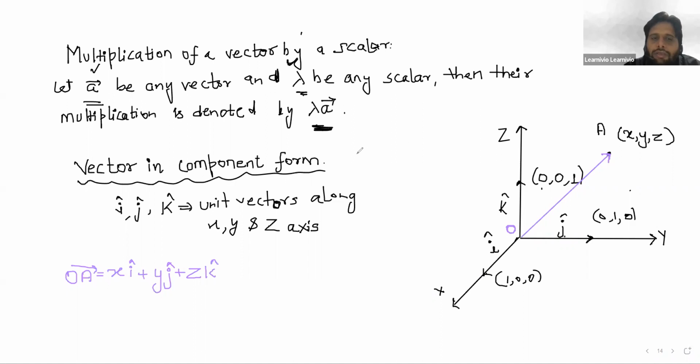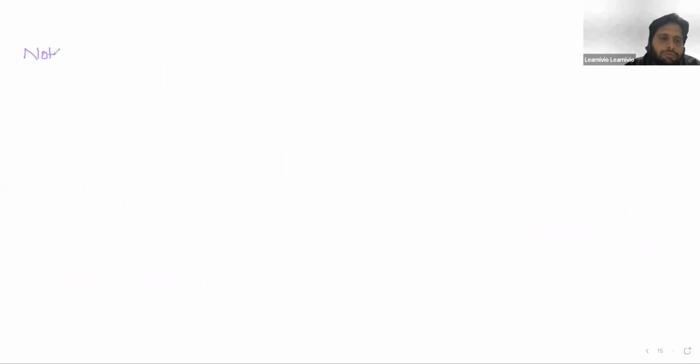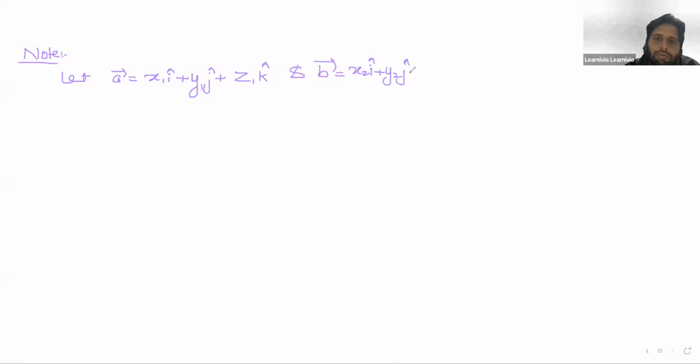On the basis of this, we can derive some results. Write a note: let A is equal to x1 i cap plus y1 j cap plus z1 k cap, and B is equal to x2 i cap plus y2 j cap plus z2 k cap. First, A equals B. These two vectors are equal when their components are equal.